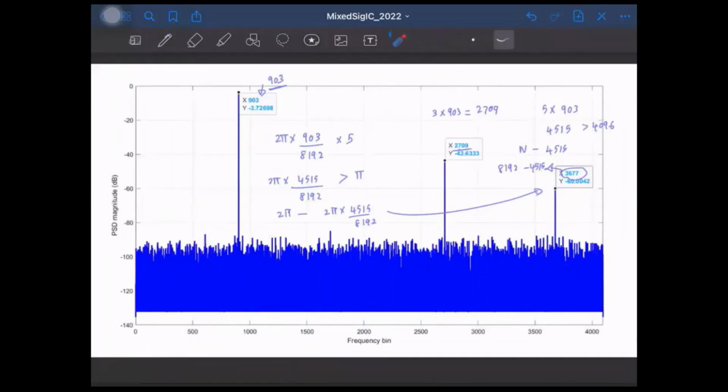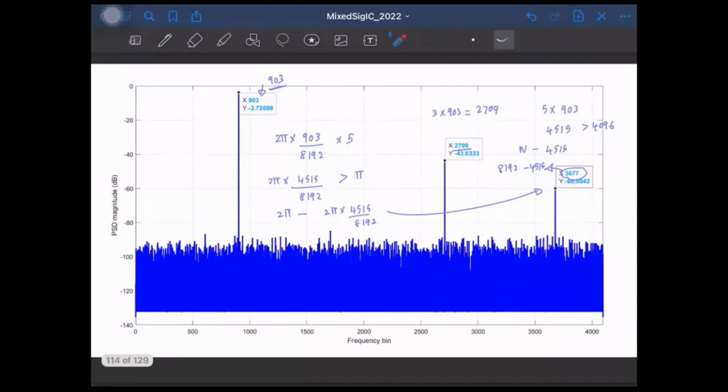Now, in this case, the fifth harmonic aliased back and came back to this point, right? But now if I keep increasing this input frequency further, it can easily happen that the third harmonic might not alias back, that might still be within this limit of 4096. But what can happen is the fifth harmonic can alias back and fall to a frequency that is lower than the third harmonic.